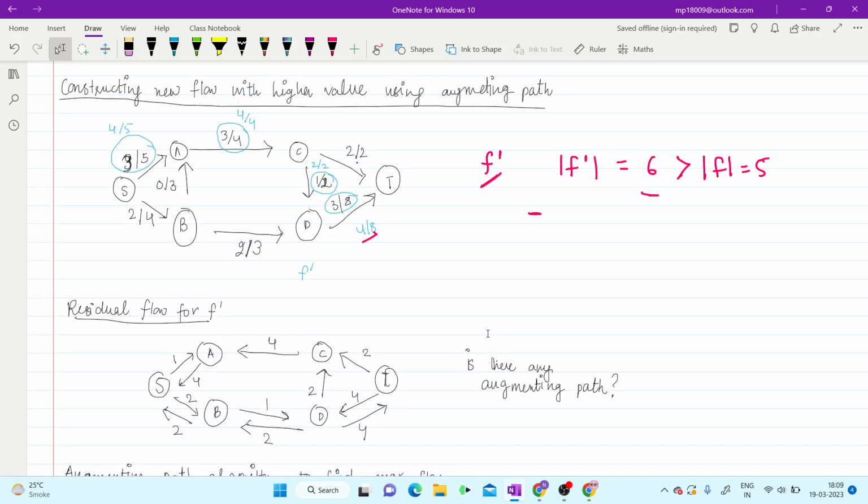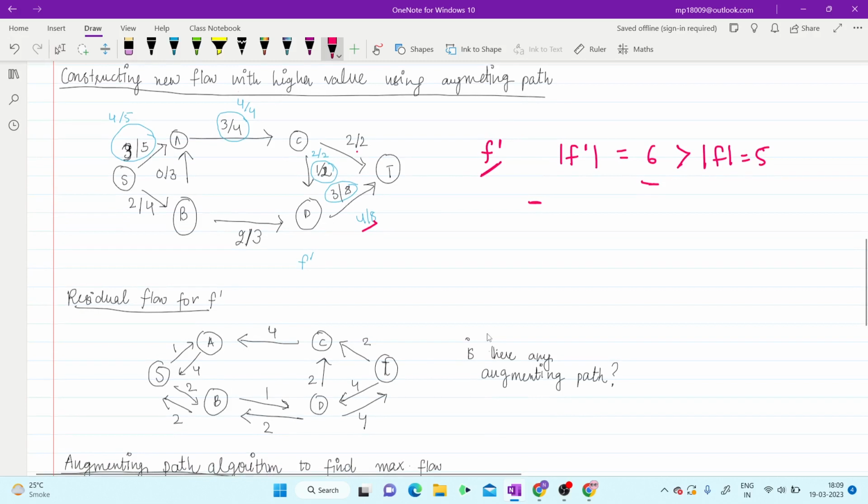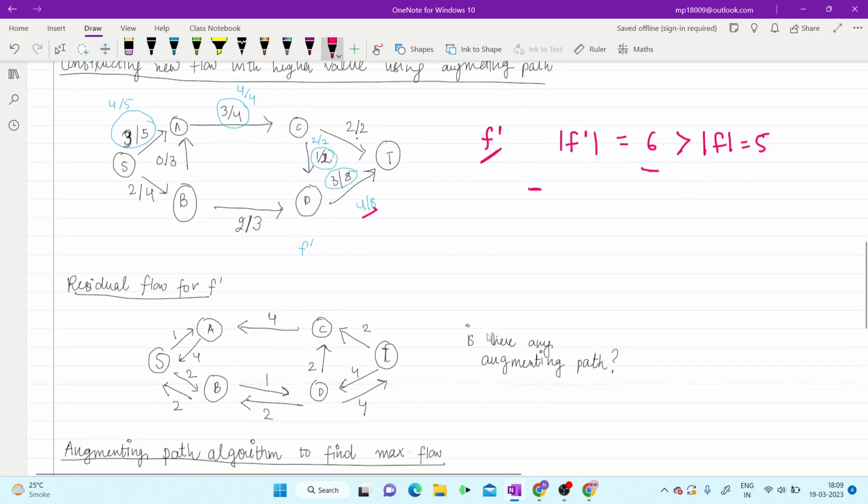Yes, ma'am. Okay, so now this is the residual flow for f prime. Do we have any augmenting path in this diagram, in the residual flow for f prime?